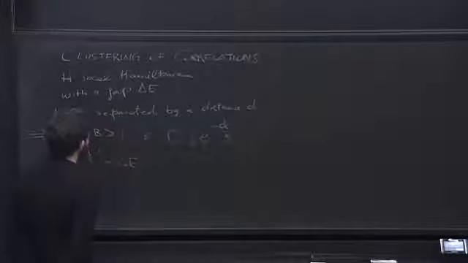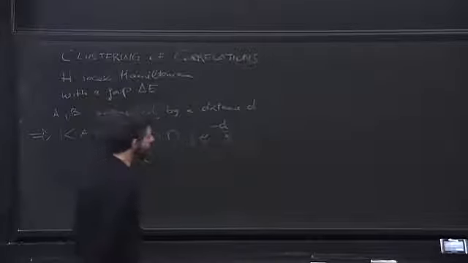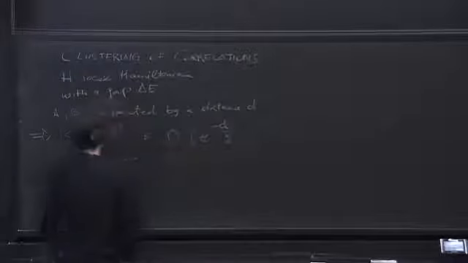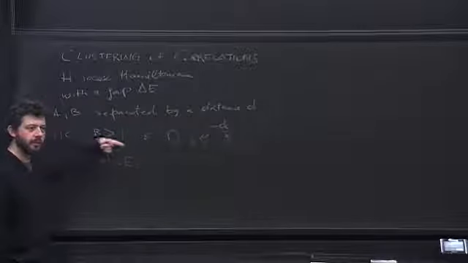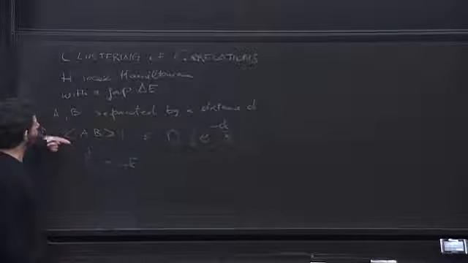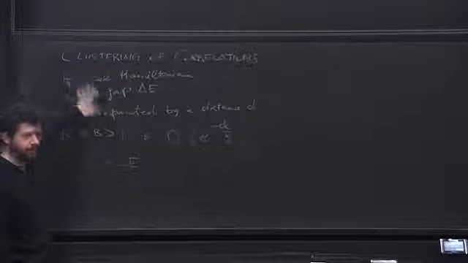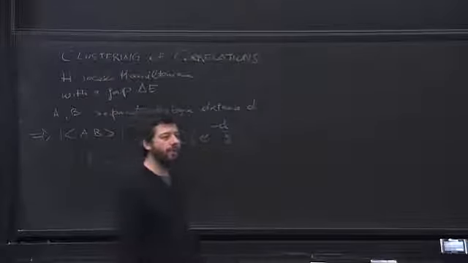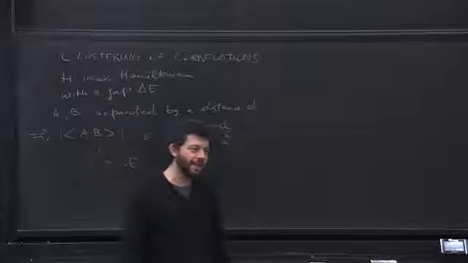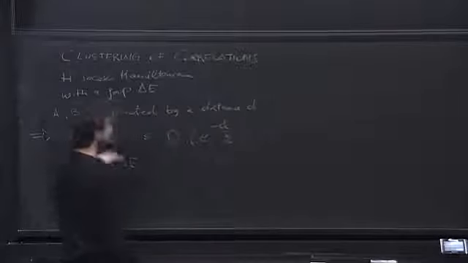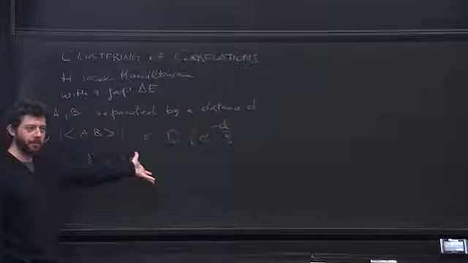However, this leaves the door open to another possibility. Since the proof goes in this direction, that does not mean that this is a necessary condition, it's a sufficient condition. So in principle, you could have a degeneracy without clustering of correlations.